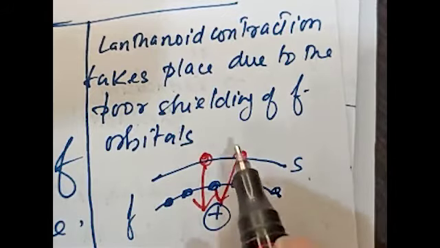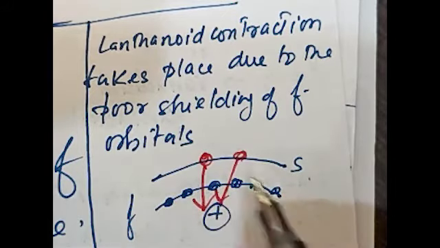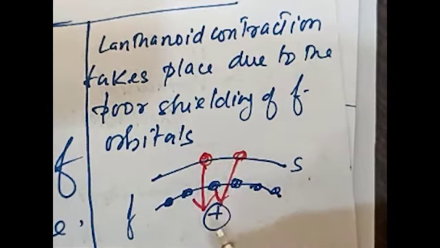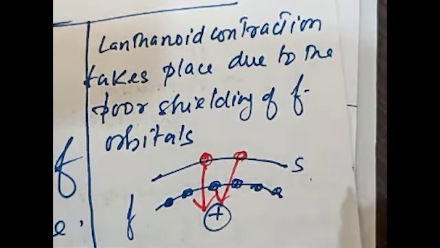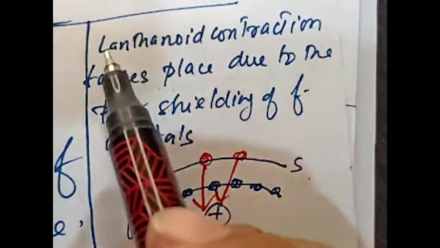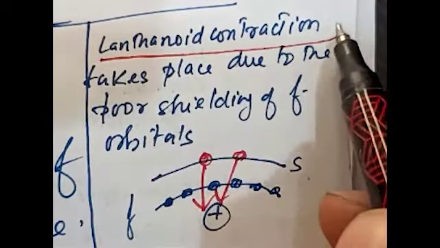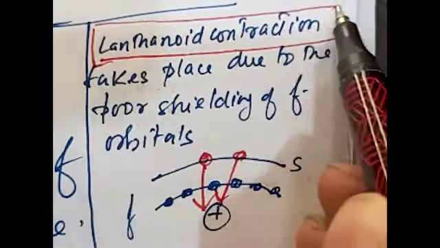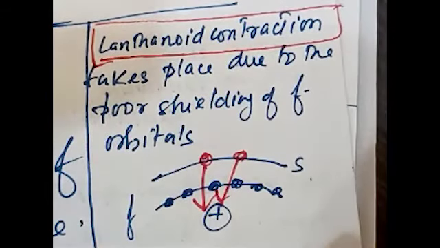Therefore, the last shell electrons come closer to the nucleus, and the size becomes really small. So that is known as lanthanoid contraction as a whole.